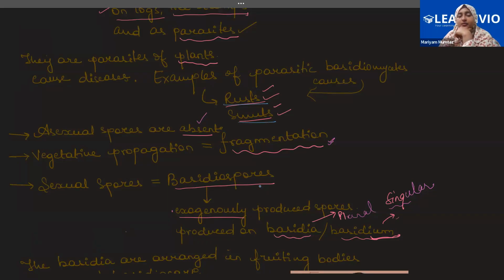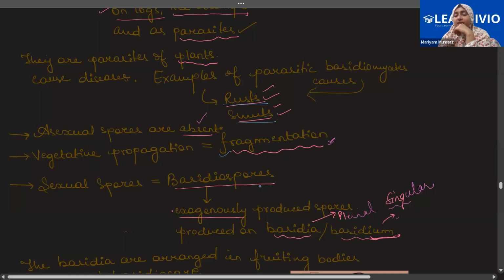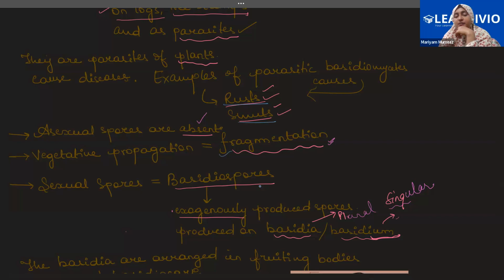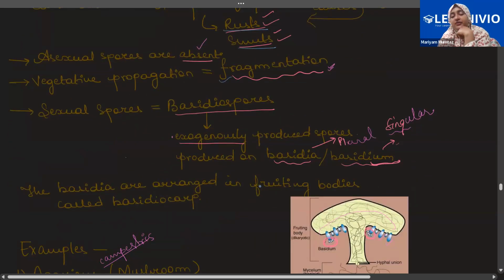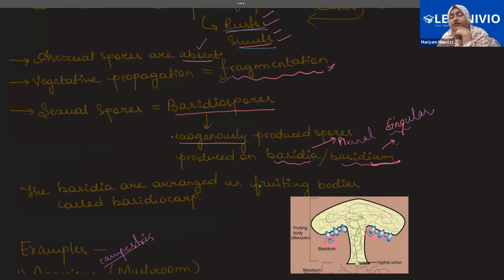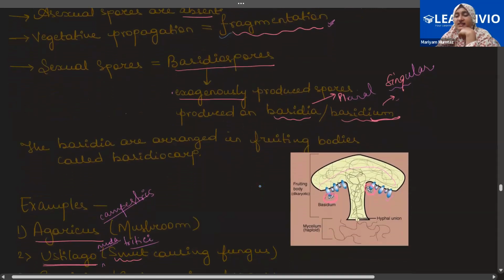Now, asexual spores are absent in Basidiomycetes. There are no asexual spores. The vegetative propagation happens by fragmentation. The sexual spores are known as basidiospores, and they are produced exogenously, meaning they are produced externally, on a structure which is known as basidia or basidium.